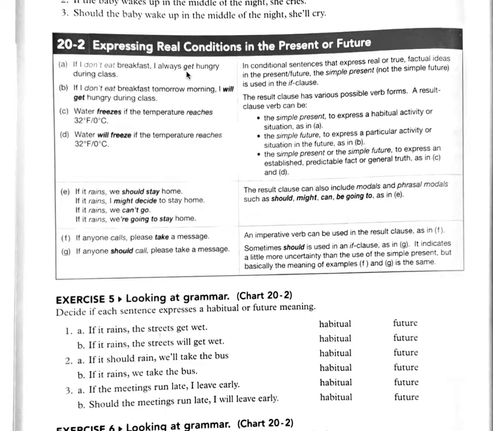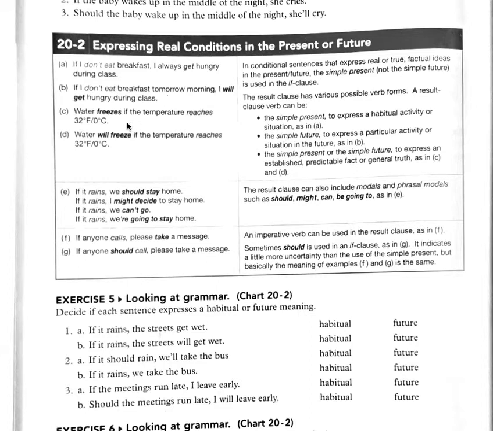So look at B. If I don't eat breakfast tomorrow morning, I will get hungry during class. The simple future to express a particular activity or situation in the future, as in letter B. Will get. So that's a simple future because you're talking about tomorrow morning.